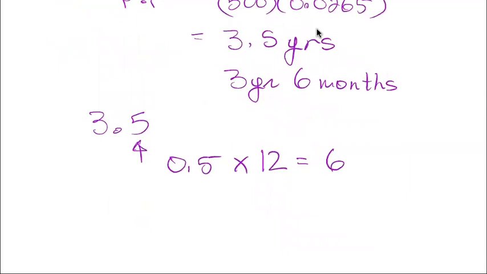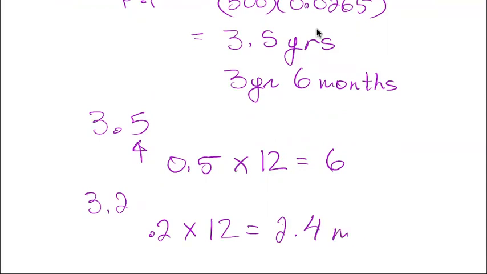So if this was 3.2, I would take the 0.2 part and multiply by 12 months. 12 times 0.2, what is that, 2.4? 2.4 months. That I did in my head, so I hope that's right. Okay, so that's how you would convert a decimal portion to get years and months. 3.5 worked out nicely, so it was pretty easy to figure out.